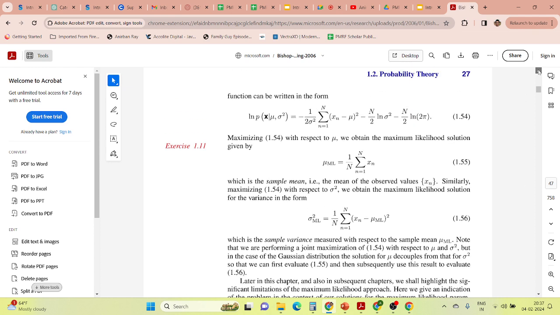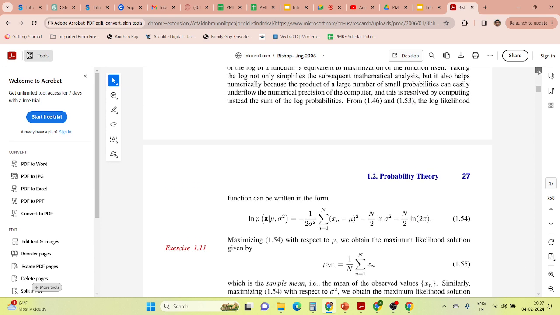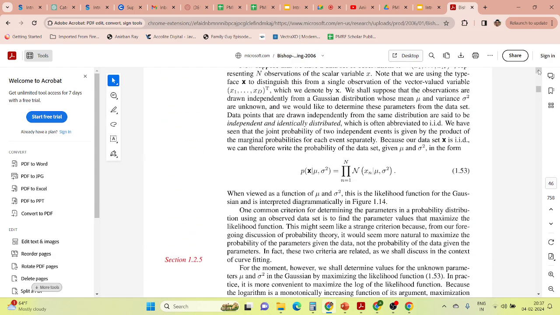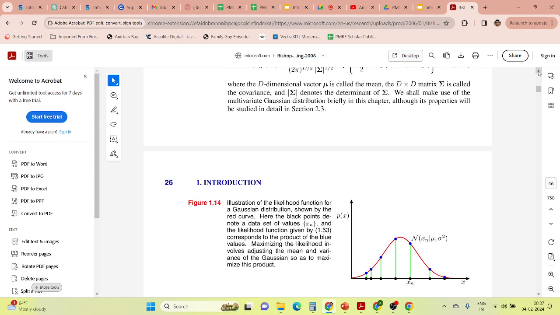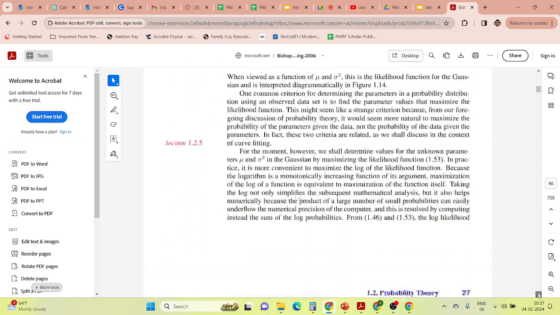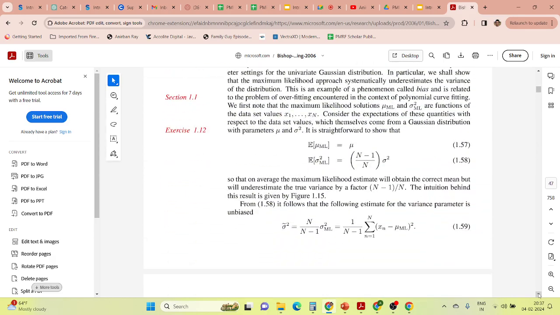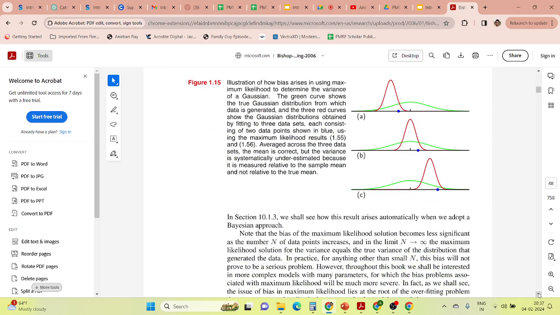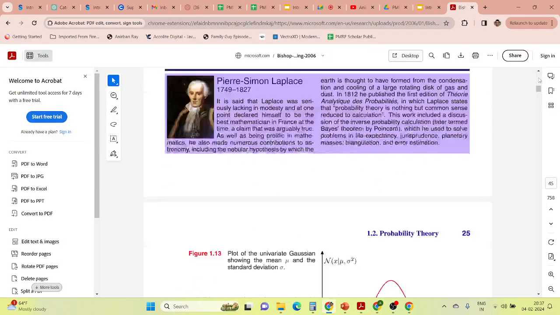Our exercise that we are doing is on page 27, as you can see here. A lot of illustrations are given, maybe easier to understand. You can refer here, or better to read the first chapter only.